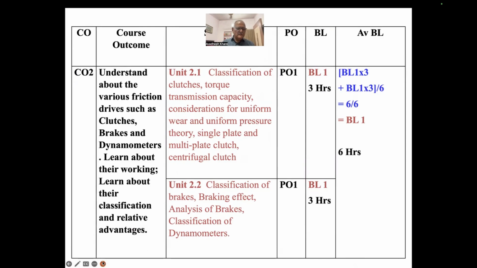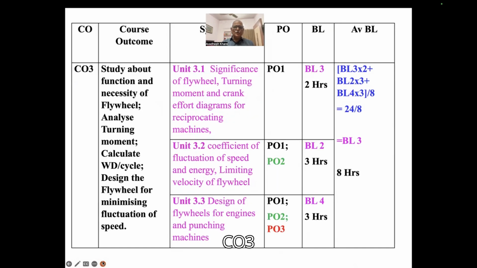Then CO3. Unit 3 has 3 components, 3.1, 3.2 and 3.3. 3.1 addresses PO1 and is delivered at BL3 for 2 hours. 3.2 addresses PO1 and PO2 and is delivered at BL level 2 for 3 hours.